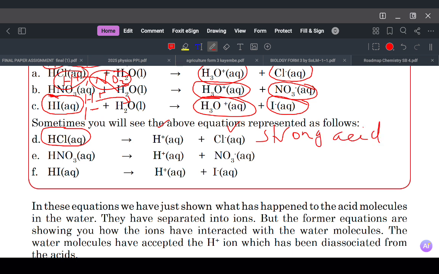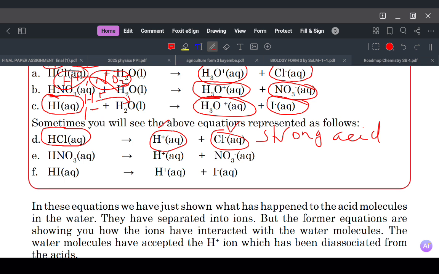It is one in which, when mixed with water, it is going to completely separate out into its ions. So in this case, the hydrogen ions and the chloride ions separate completely in water, and these ions, by the way, are free. They are freely moving around in the solution.